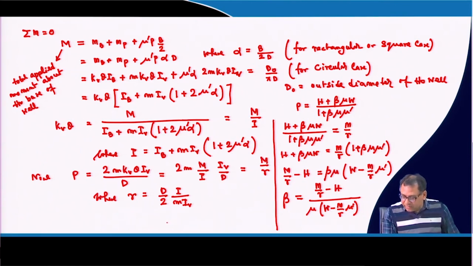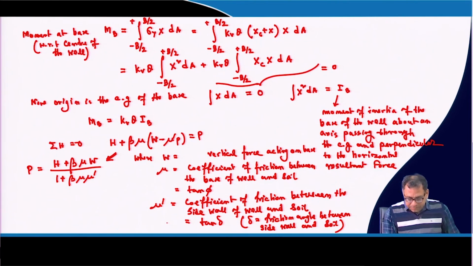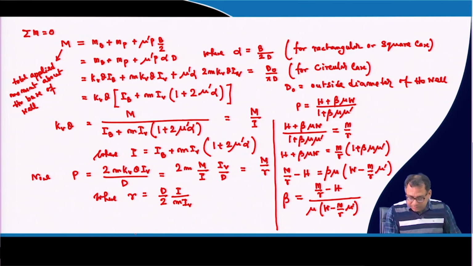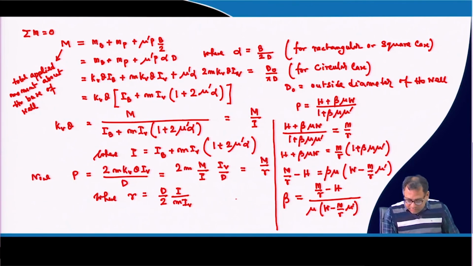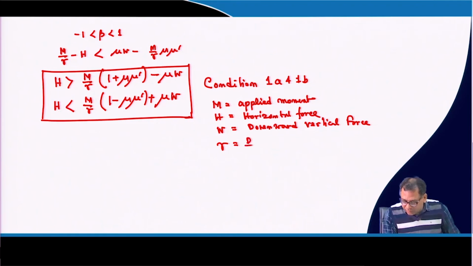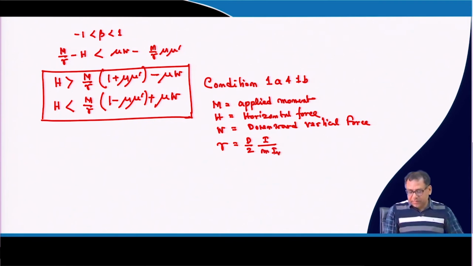What is R? The expression of R is given here. So, this is the expression of R. R is d by 2 into I divided by m I v. And what is m, what is I, what is I v, all the expressions are given.